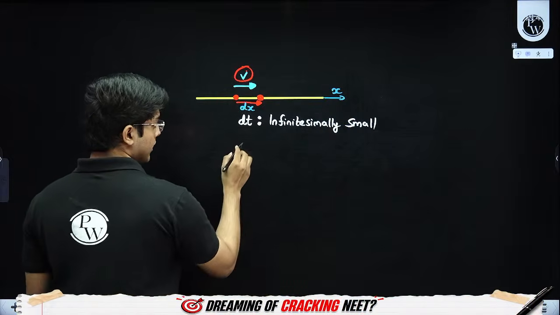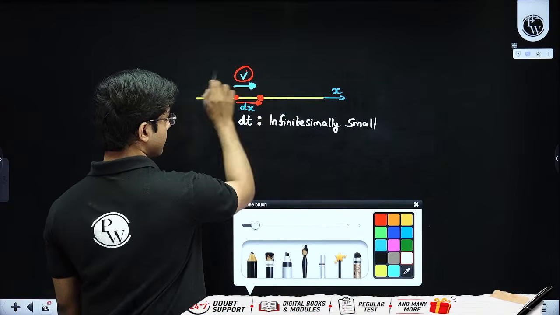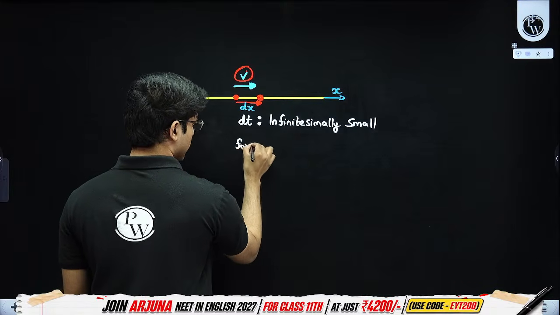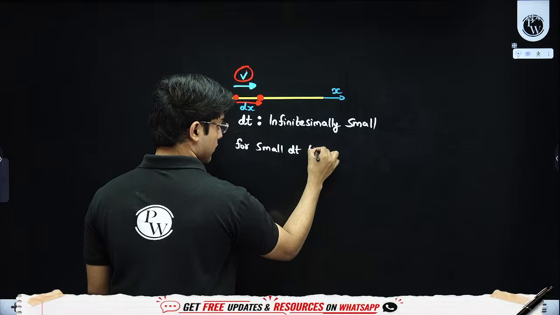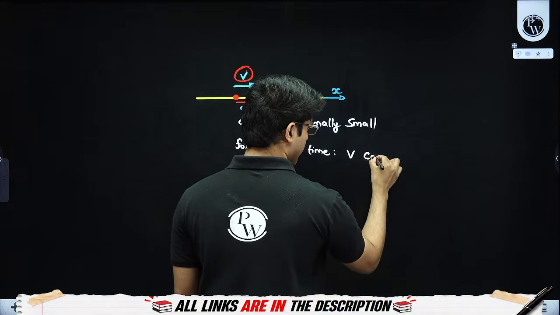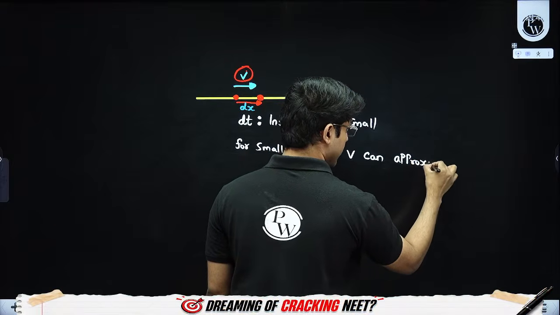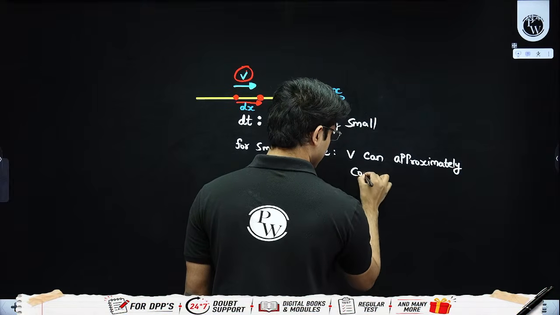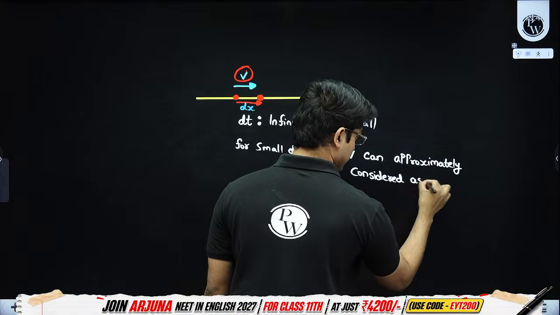Now the main logic is, even if the speed is changing with time, for this small dt time, v can be approximately considered as a constant.